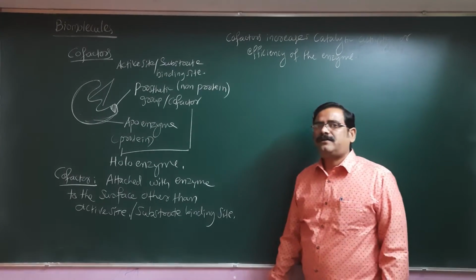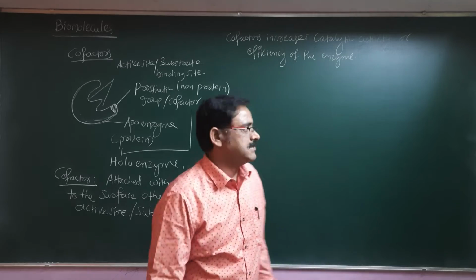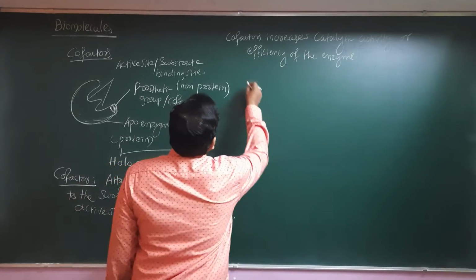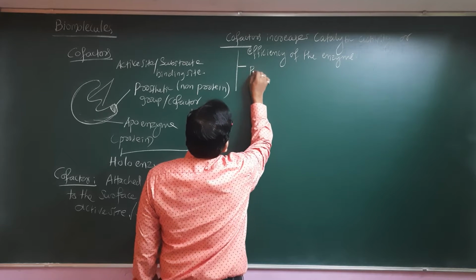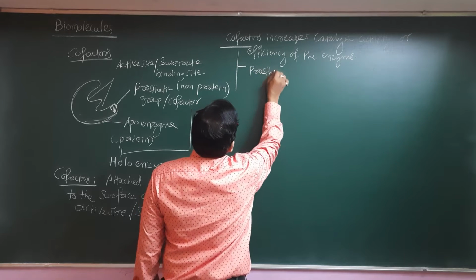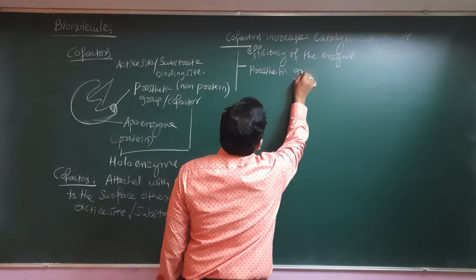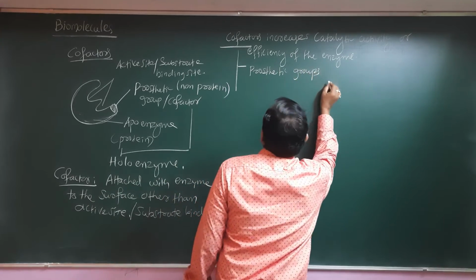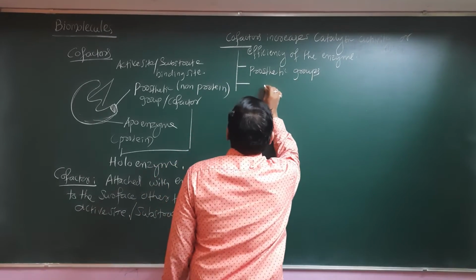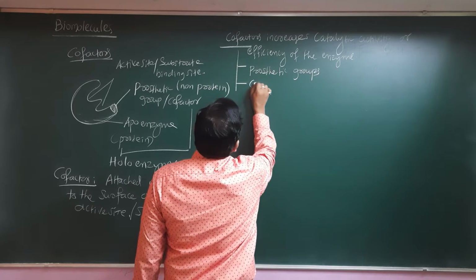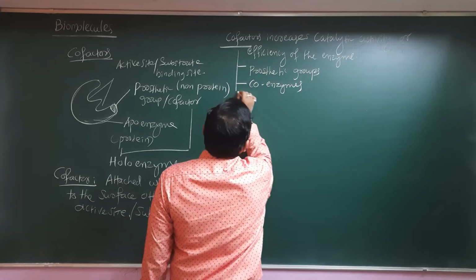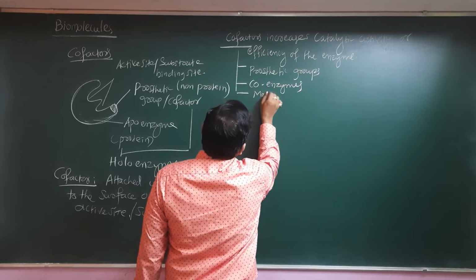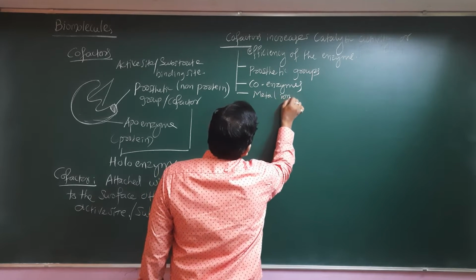Cofactors are basically of three types. One is the prosthetic groups. Second are the coenzymes. The third is metal ions.